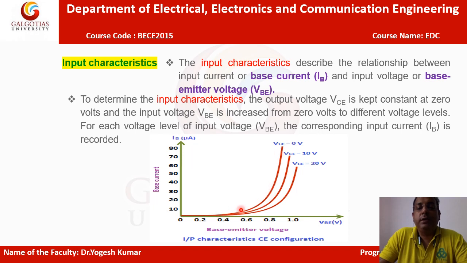It means IB increases after 0.6 volts, as is possible for a silicon transistor. If we increase the voltage VCE, then the VBE value slightly increases, and we get the graph in this fashion. For example, if we increase the voltage VCE to, let's suppose, 20 volts, then we will get the graph in this fashion. So this is the input characteristics of the common emitter configuration.